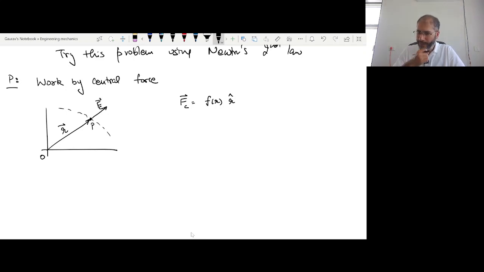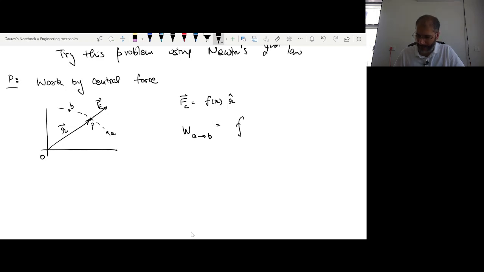So the work done due to this central force has to be dependent on a path. Let's say the particle goes from A to B. So the work done in going from A to B along this dashed path as shown is the integral along this path.